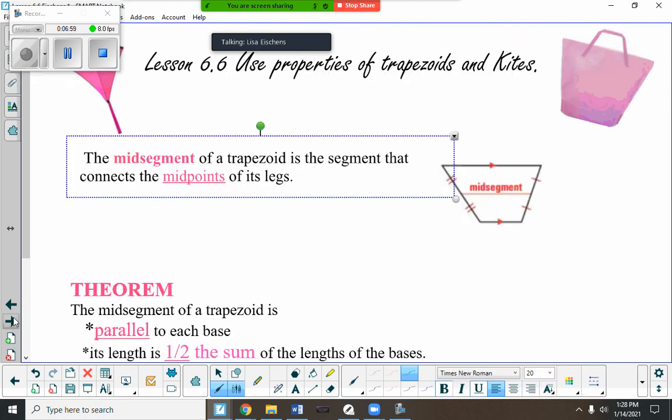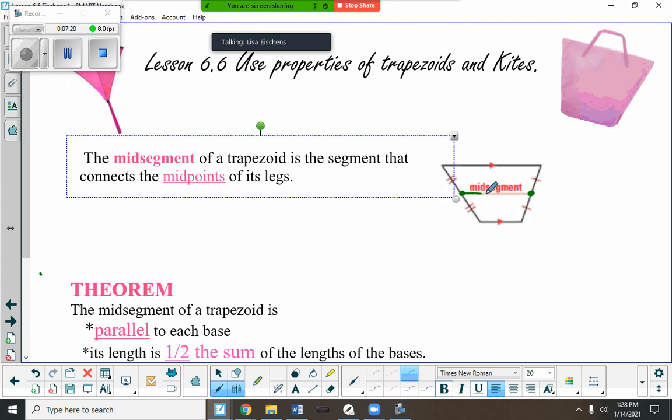Okay, a new vocabulary word. The midsegment of a trapezoid is the segment that connects the midpoints of its legs. So these are the legs, and here's a midpoint, and here's a midpoint of each segment.